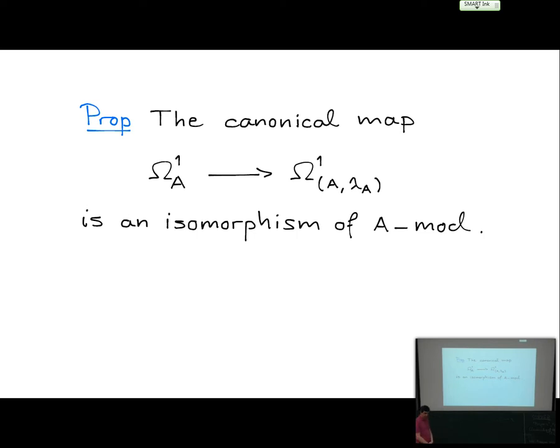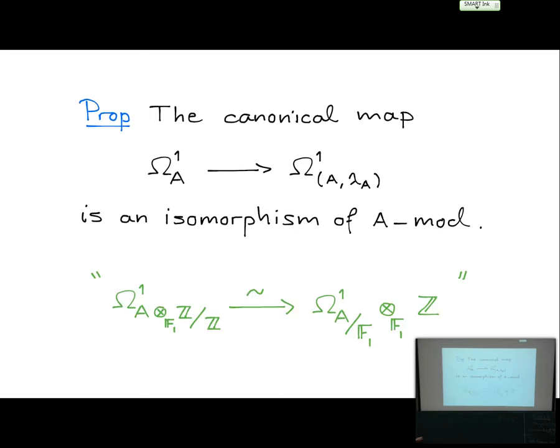So in other words, if A is a lambda ring, the module of Kähler differentials has this additional structure. But if we accept Borger's philosophy, then actually this should be expected.